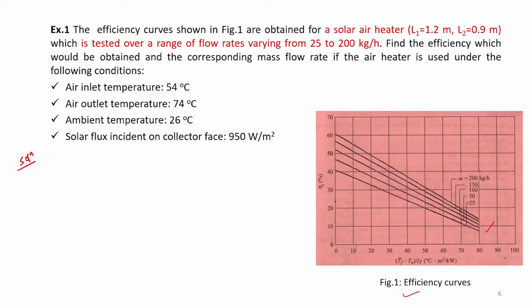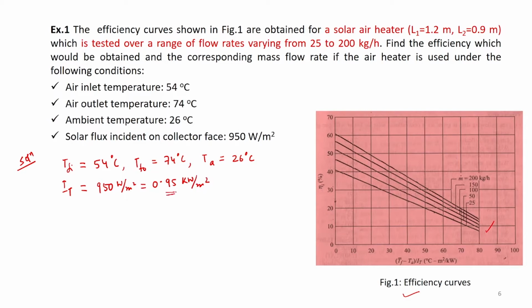Now, it is given that TFI is equal to 54 degrees C, then TFO is equal to 74 degrees C, ambient temperature TA is 26 degrees C, and IT, the amount of solar flux falling on the solar air heater, is given as 950 watt per meter square, which is equal to 0.95 kilowatt per meter square.